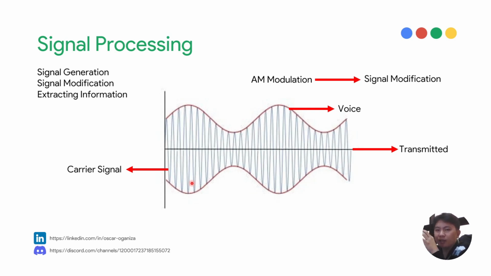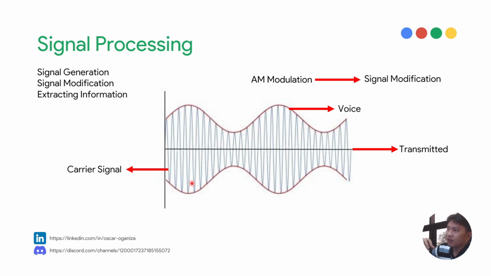Now, once the voice travels over that specific channel, for example in radio, when it reaches the antenna of the radio and is received, it converts the voice signal into electrical waves, extracts the information, and then it goes to the speaker. That is where you get the sound waves or voice signals again. So that's how you process signals, from the time you generate it using your voice, and it is transmitted over a channel through modulation.